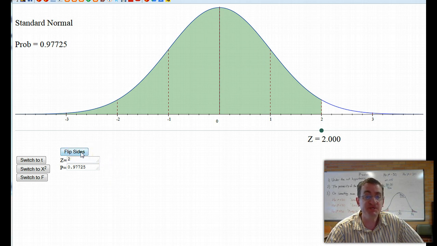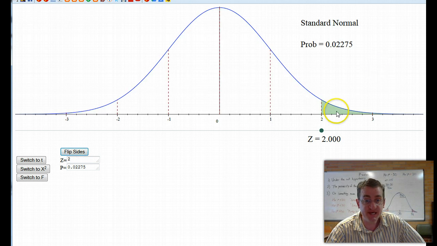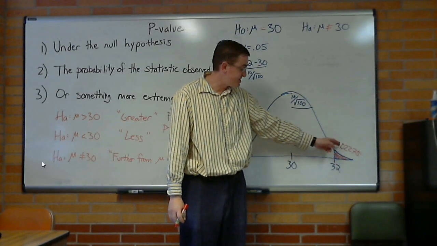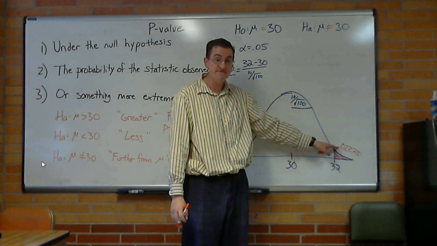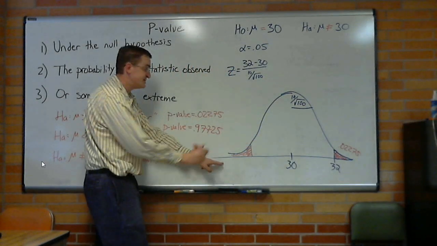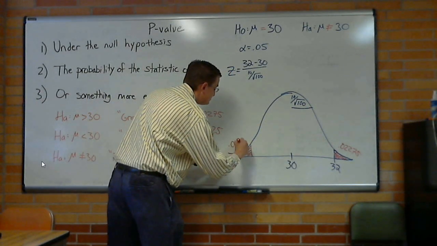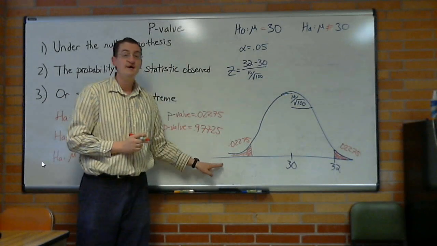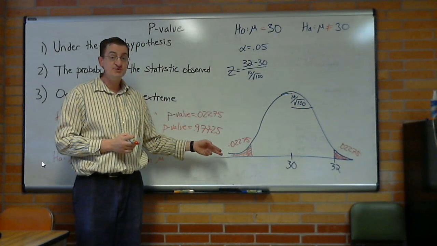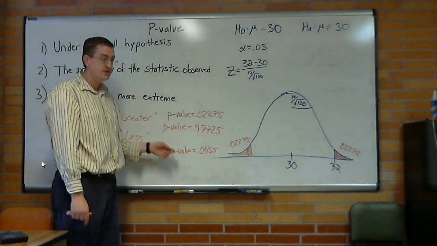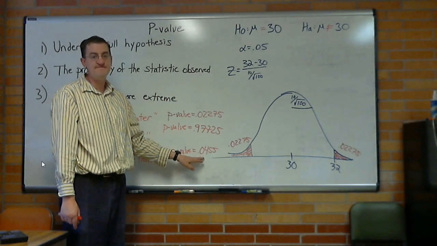So what we're going to do is we're going to say, I need this tail, and I know I have that much as the same area on the flip side. So this much area is 0.02275. I know this is going to be the same area, 0.02275. And now my p-value is going to be a combination of both of those, which is 0.0455.